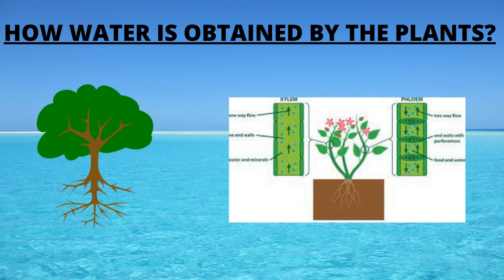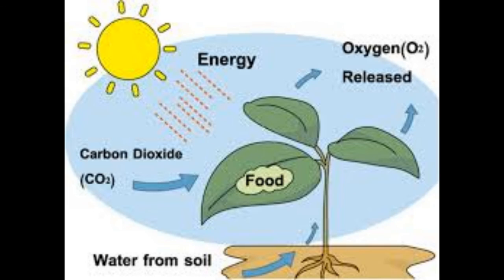So now we have clearly understood how carbon dioxide and water, the raw materials for photosynthesis, are obtained by the plants. So now it's clear for all of you how green plants trap the light energy from the sun and convert it into chemical energy.